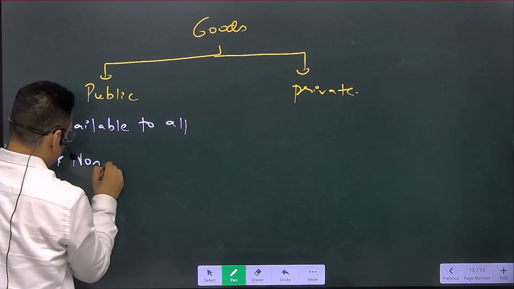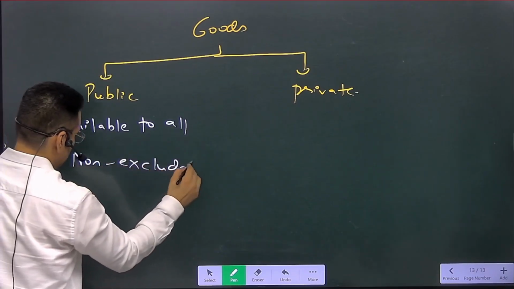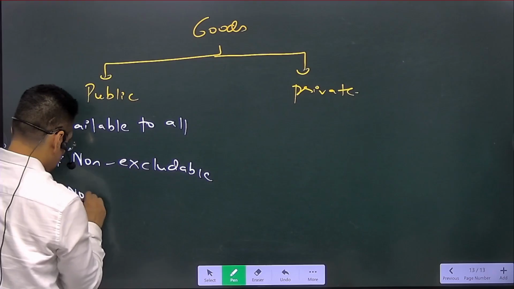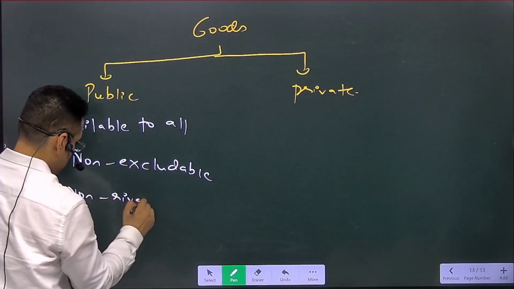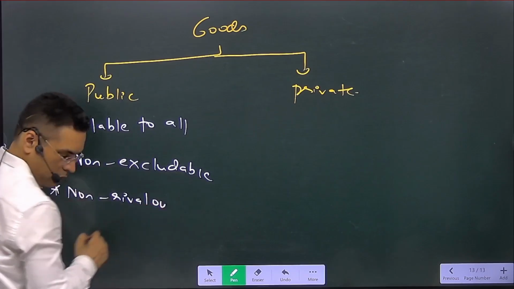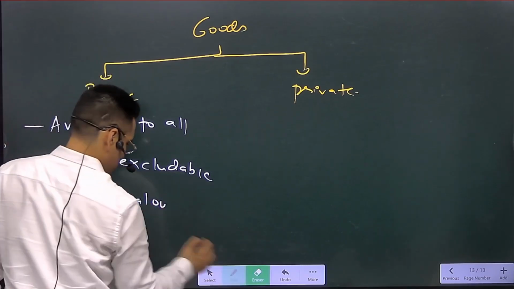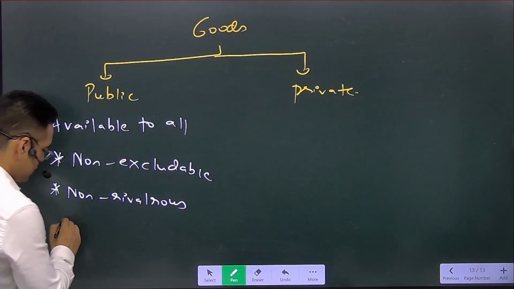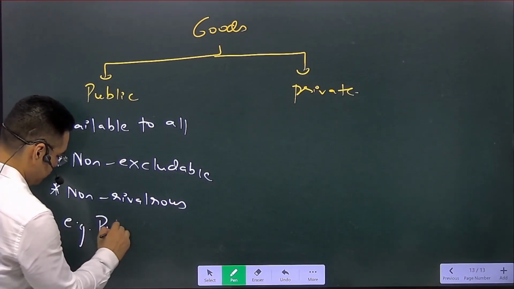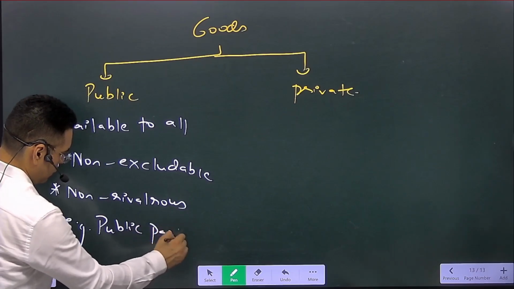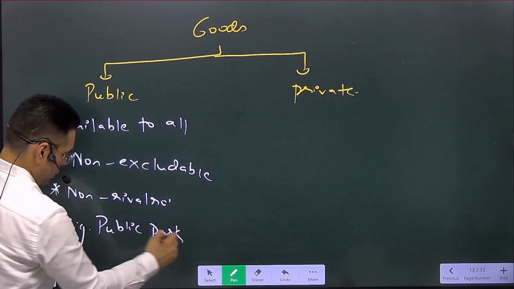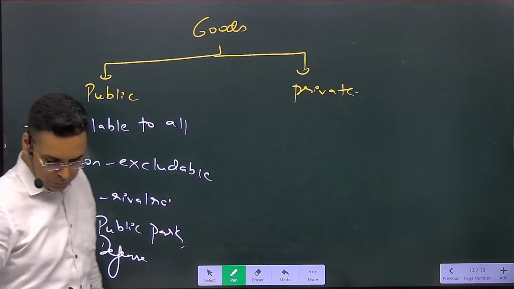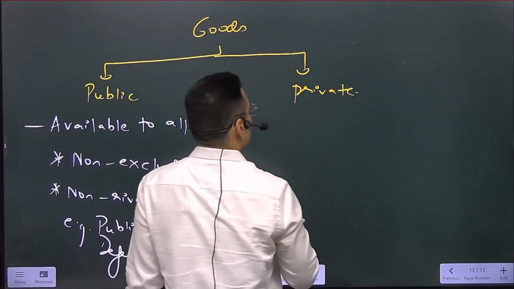It is non-excludable, non-rivalrous. ठीक है? एग्जाम्पल पब्लिक पार्क, डिफेंस. ठीक है ना? Then comes the private.